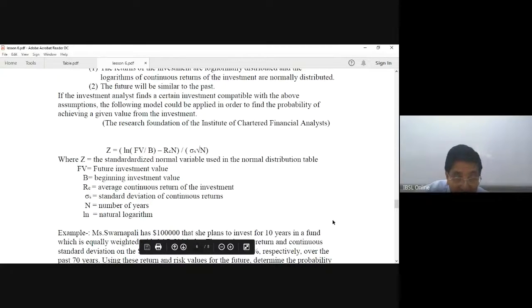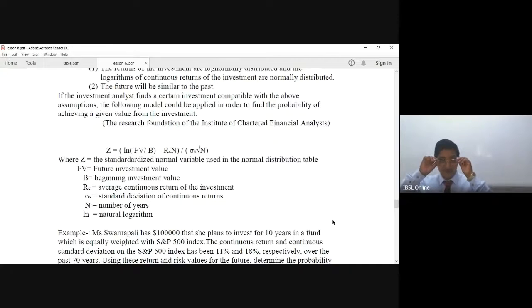Don't worry about memorizing it. But you have to have a good understanding of the model. That is what is checked in the examination, not the memory of the model. It will be given in the question paper. Now I will explain it one by one.